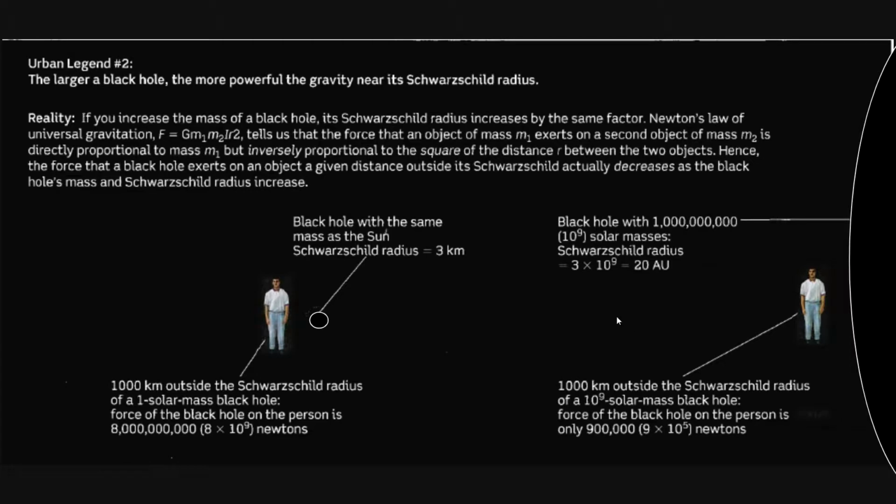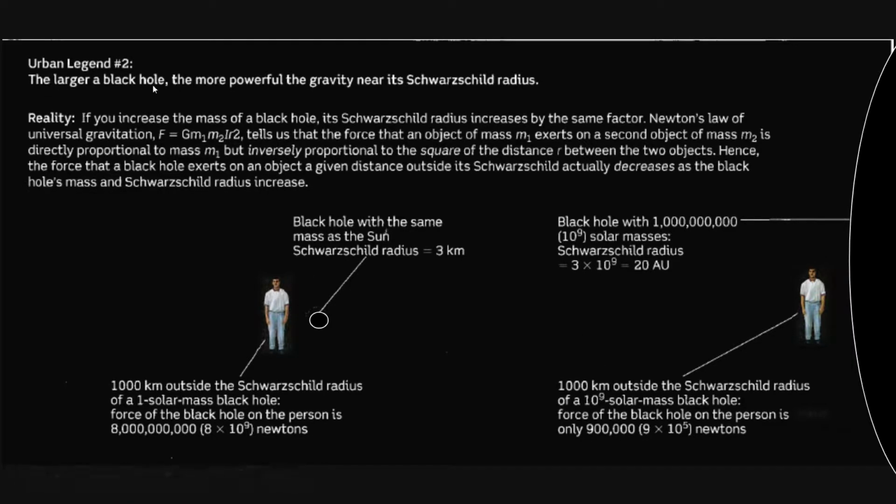So the radius has a bigger effect on how much force you feel compared to the mass's effect on how much force you feel. I hope that makes sense. Since you're closer to the object, the gravitational pull is really strong. And even though this object is much larger, you're so much farther away, and distance has so much more of a play in this equation that you actually weigh less.